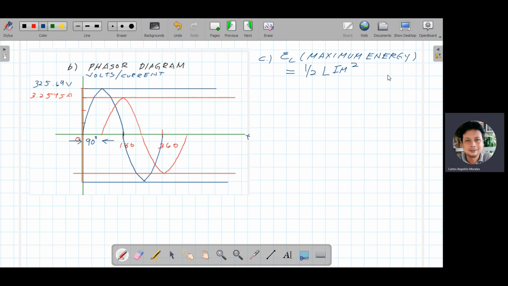Yung pinaka-phasor diagram. Tapos yung formula.